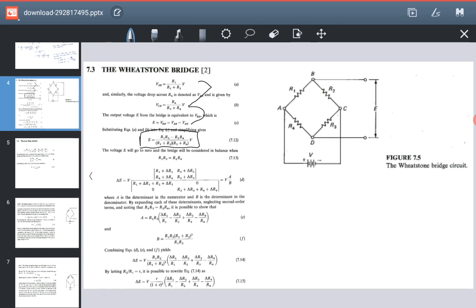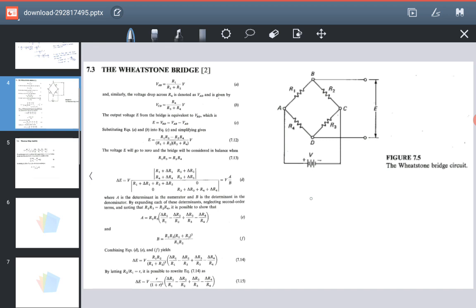Now if E equals 0, the product of R1 and R3 will be equal to R2 and R4. In this condition, the Wheatstone bridge will give you 0 change in resistance. It means that there is no strain in the system.